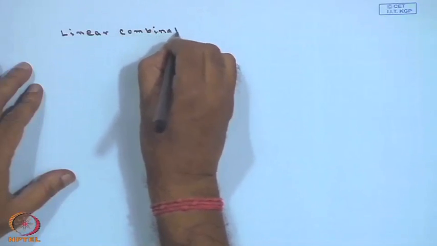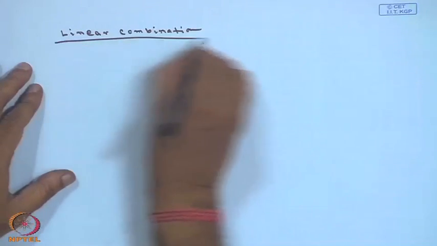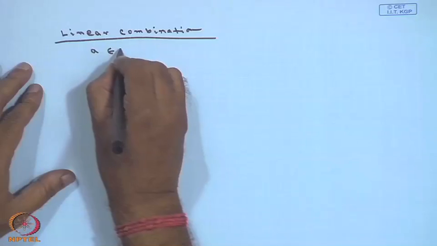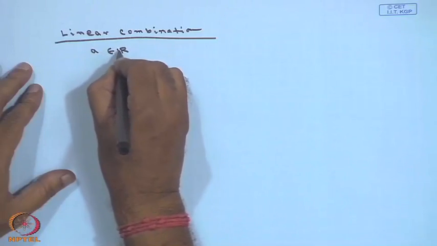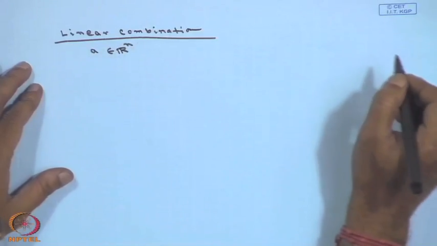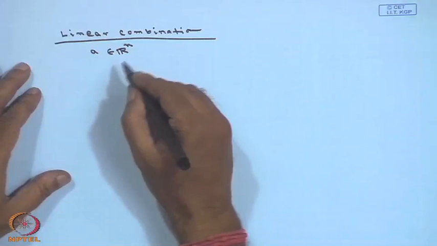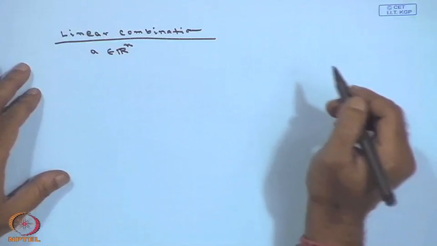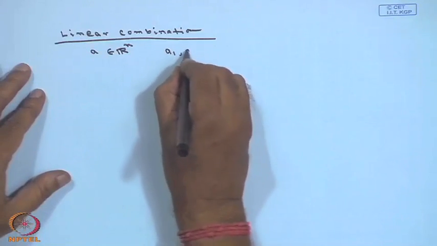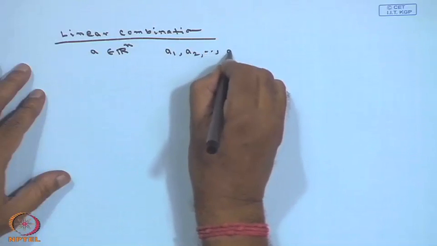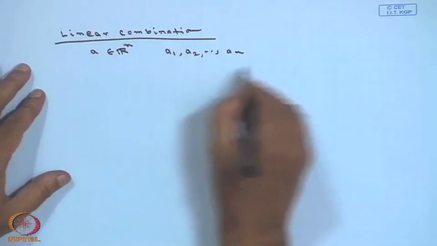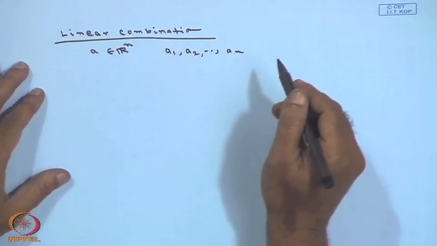Suppose you have a vector A which is in R^n, and a1, a2, ..., an also belong to R^n.